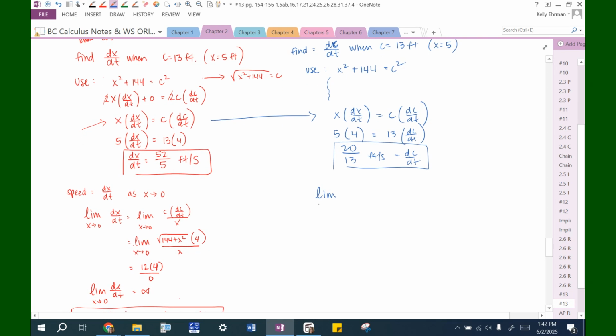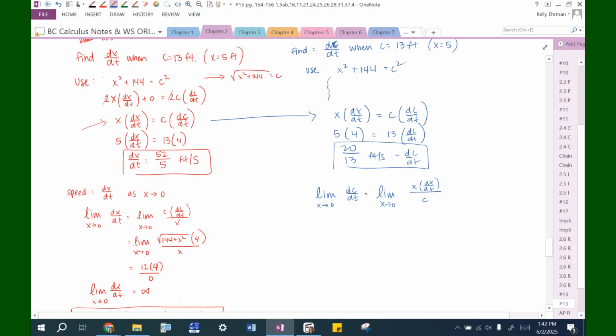As the boat is getting closer to the dock, so as x approaches 0, of dc/dt, what's happening to that? So let's go ahead and put in our equation, the equation for dc/dt. If you rearrange this a bit, you would get x dx/dt over c.